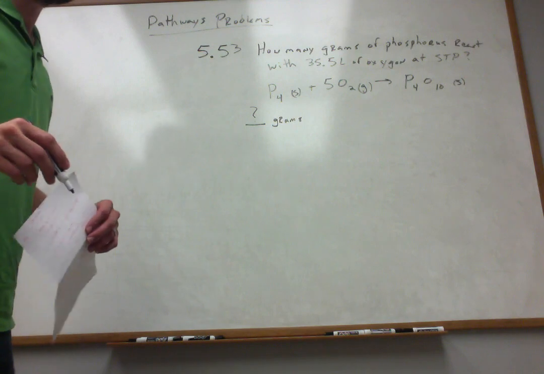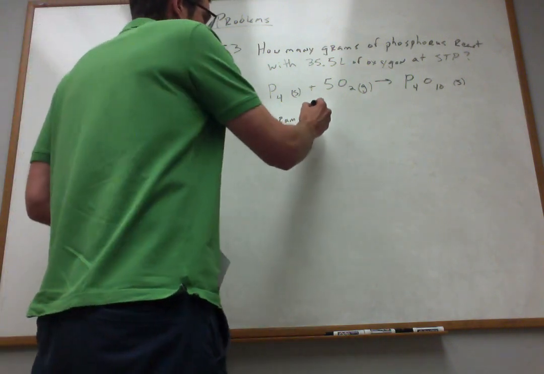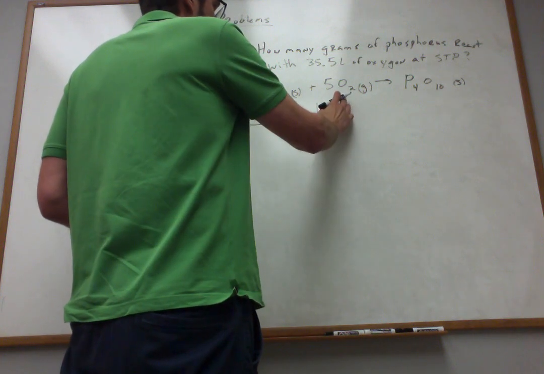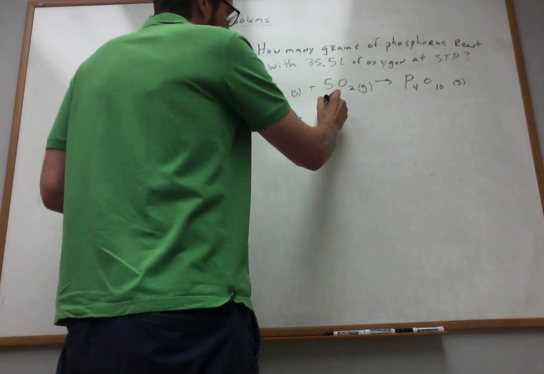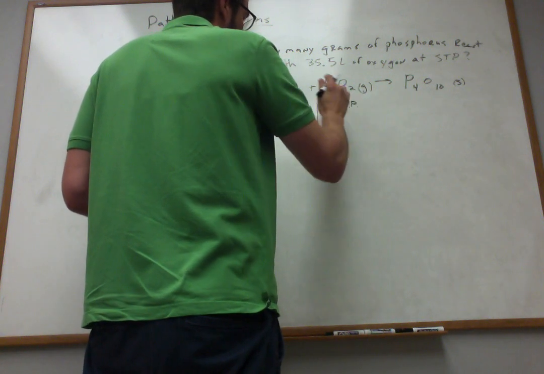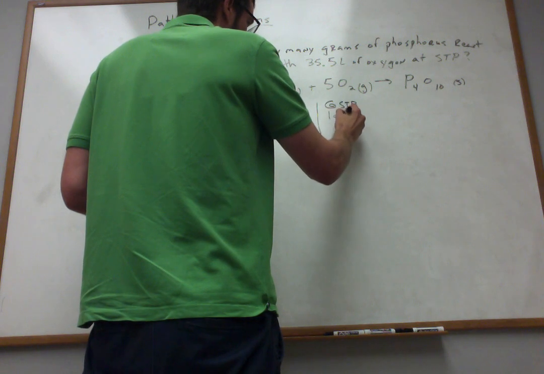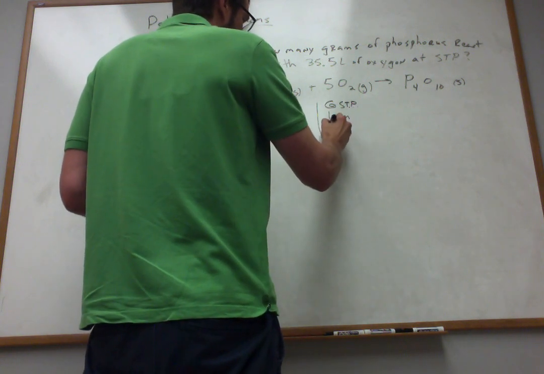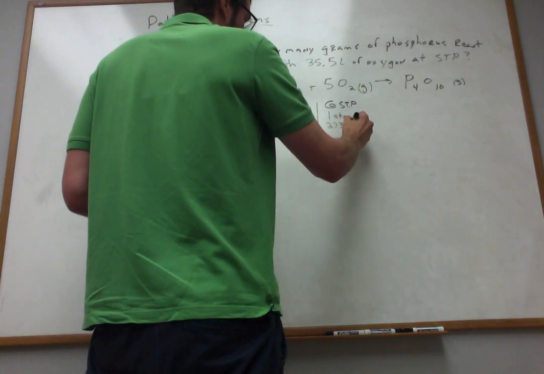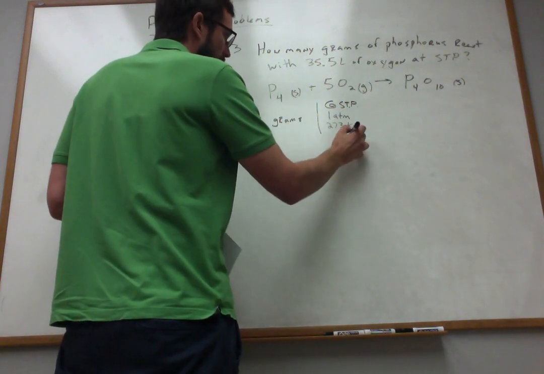But we can probably come up with a framework for figuring out how much we need, because we're told how much oxygen we've got. We're told that we hold our sample of oxygen at STP, standard temperature and pressure. Now remember, that's 1 atmosphere and 273 Kelvin. That's what defines that.